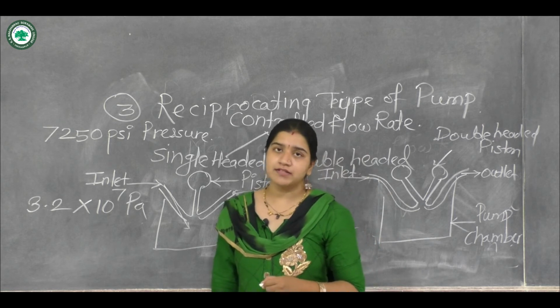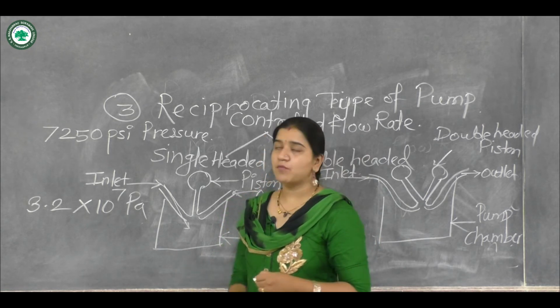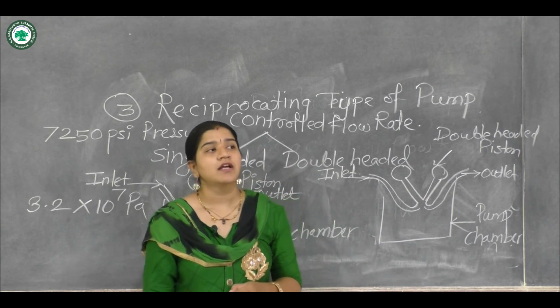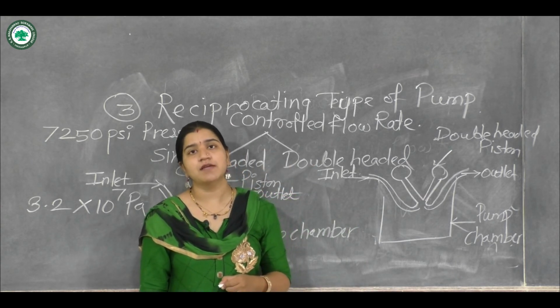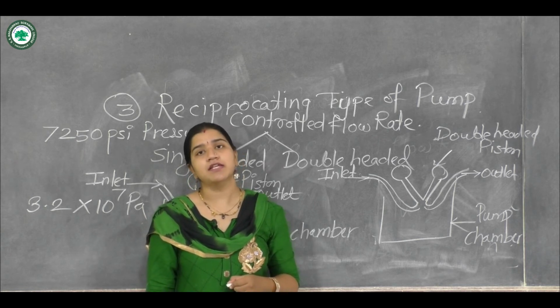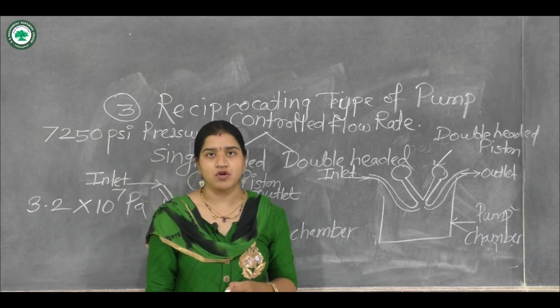Now another most important point for all types of pumps is that the pumping material is generally made of stainless steel or a material which is chemically inert to the mobile phase or solvent.